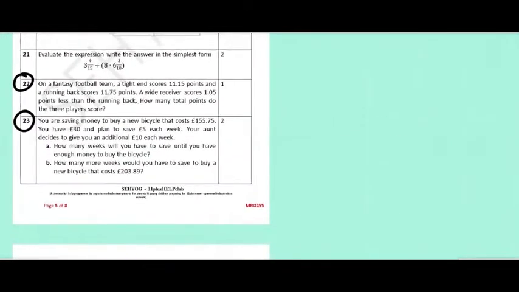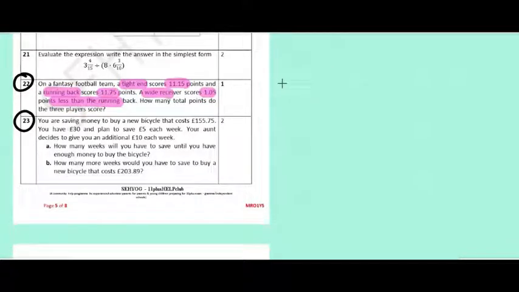The next one that we are going to do is sum number 23. You are saving money to buy a new bicycle that costs 155.75 pounds. In sum number 22, in a football team, tight end scores 11.15, running back scores 11.75 and wide receiver scores 1.05 less than the running back.